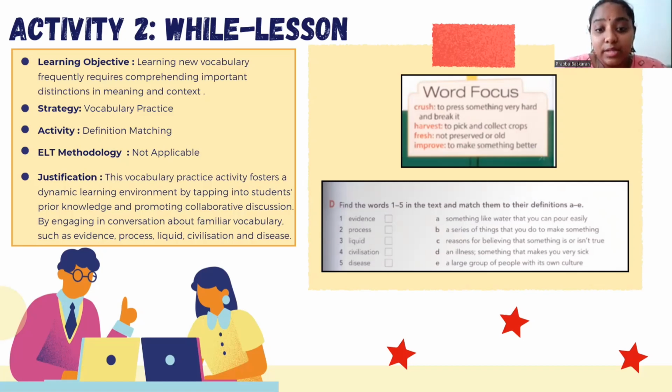Once they drill the words, they will be answering the worksheet according to the correct answer. For example, we can see the words evidence, process, liquid, civilization, and disease, and there are some answers already mixed there. So later they have to fill in the blanks with the correct answer.